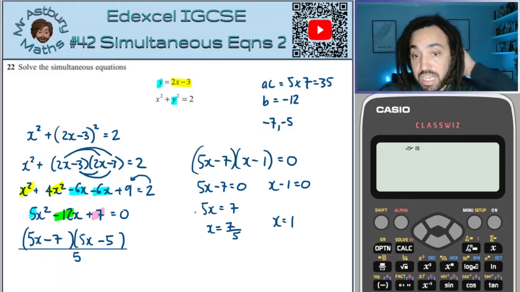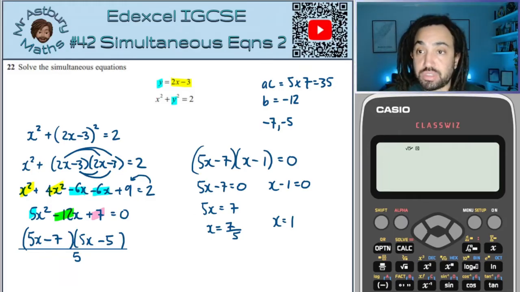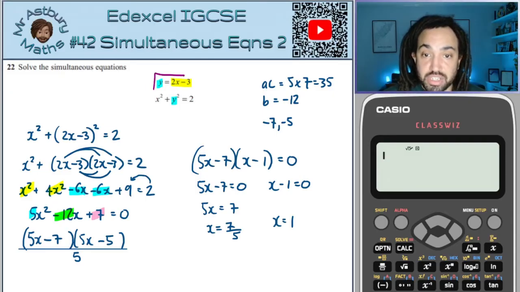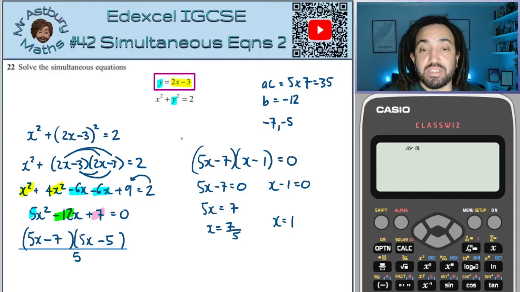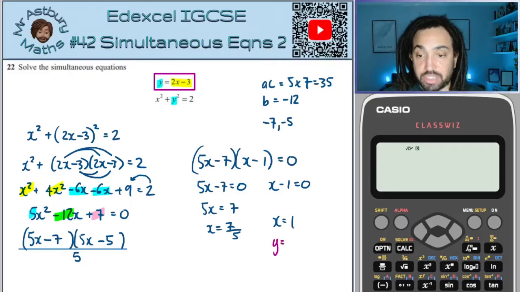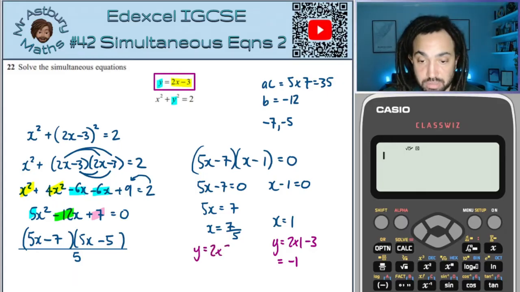Okay, so now we just need to go back to the start, and this equation here should tell us exactly what the corresponding y coordinate is. So you double the x and then you minus 3. So this one should be nice and easy. So that means you're going to get 2 times 1 minus 3, which is minus 1. And for this one, double the x, so 2 times 7 over 5, and then minus 3.